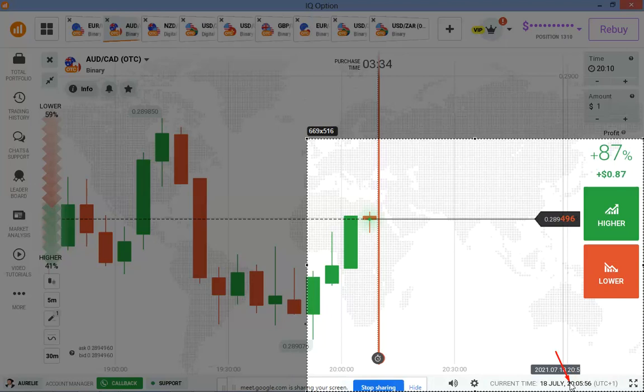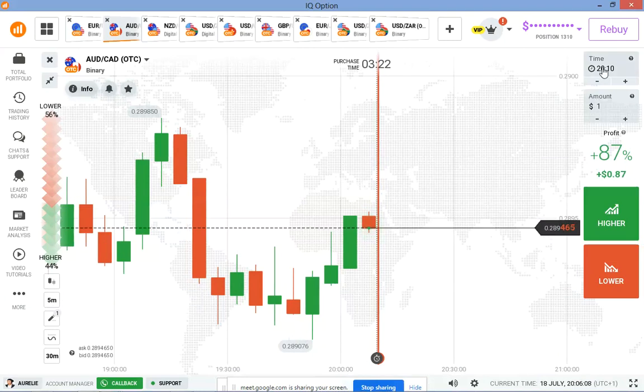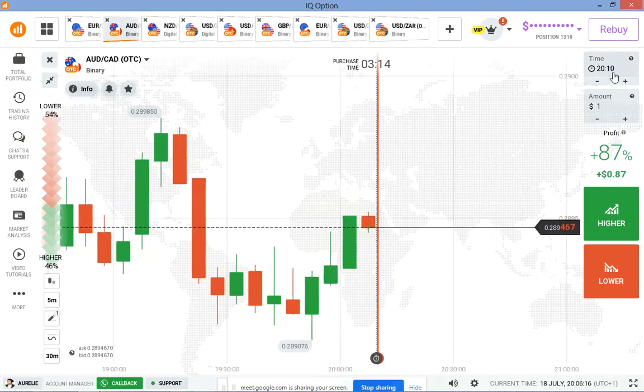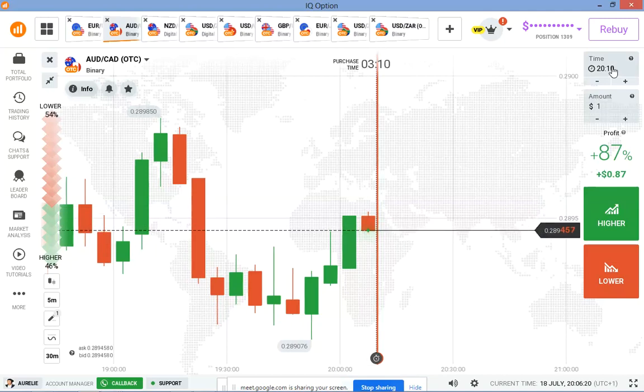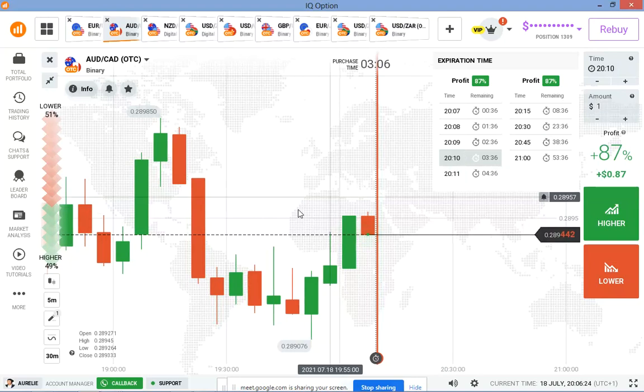So if I'm to trade with 5 minute candle, the next expiry time will be 20:10, which means this candle is going to run till 20:10. So I'm going to select 20:10.